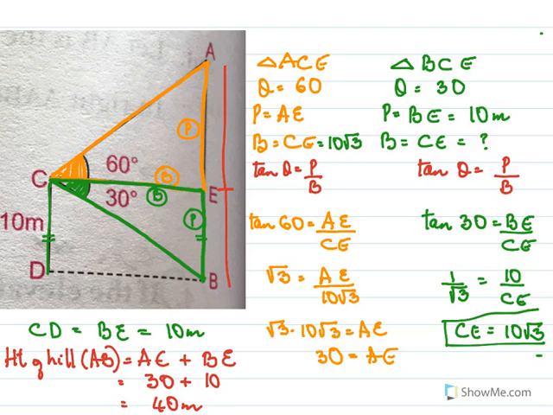We also have to find the distance of the hill from the ship, and the distance of the hill from the ship is represented by DB, and we know DB is also equal to CE.